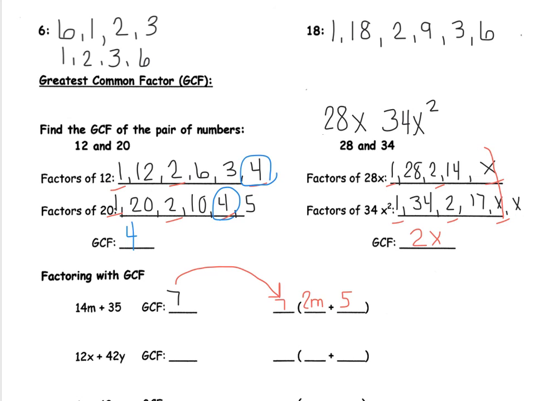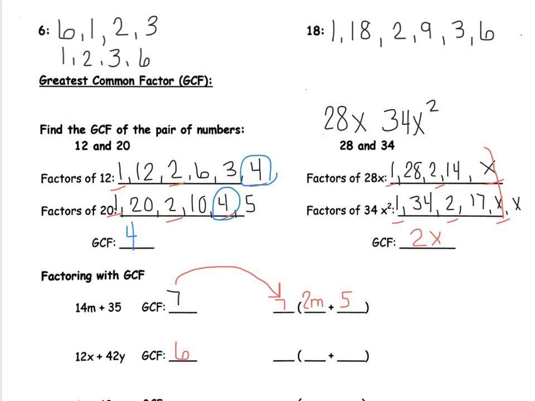Now let's go on to the next one. 12x plus 42y. What is the greatest common factor of 12 and 42? It should be 6. All right.